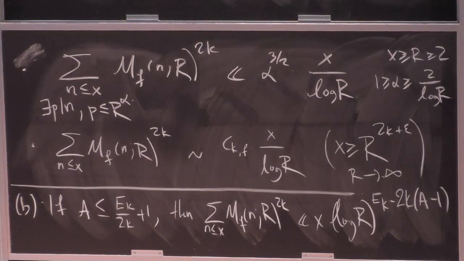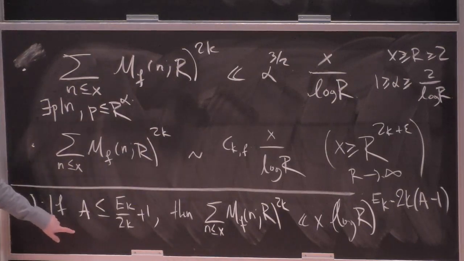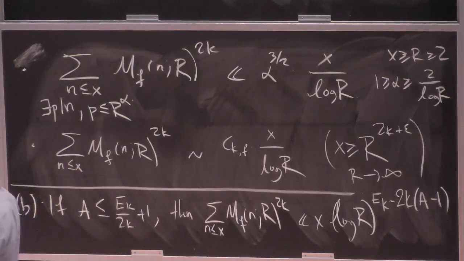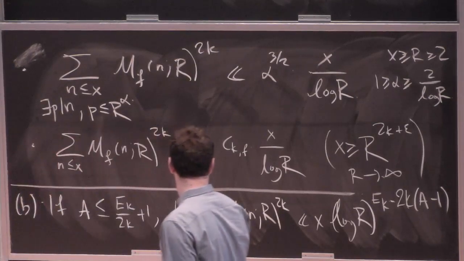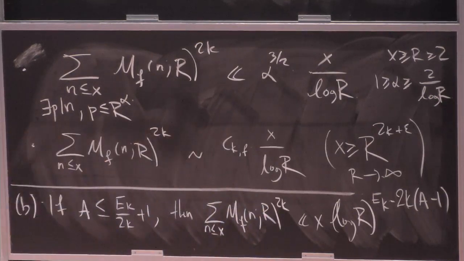But the way I'm stating it, yeah. Doesn't the second statement in part A indicate that E_k is 1? I'm not understanding. E_k is 1? Well, isn't the second statement the same as the conjecture? No. Oh, I see. That's what that, yeah. Okay.